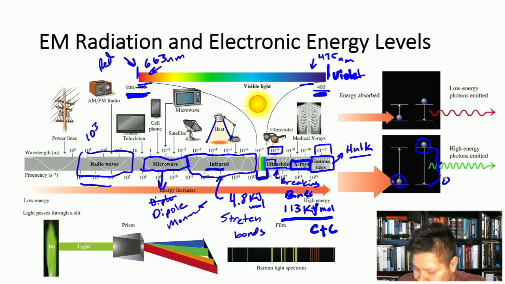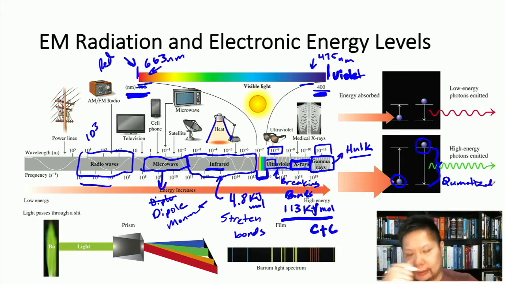And you might ask yourself, what the heck does quantized mean? Quantized just means that every electron has a very specific energy gap between its ground state and its excited state. It's only when it absorbs the exact right amount of energy that it can be promoted to that excited state energy.